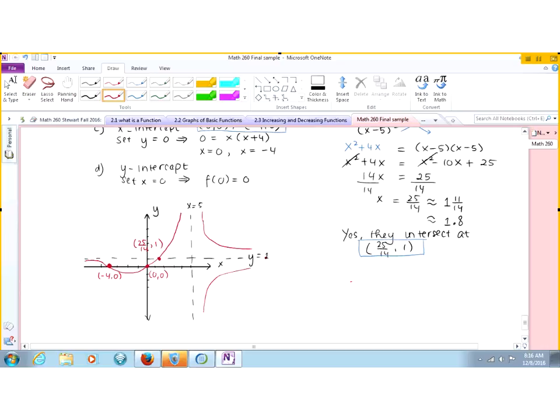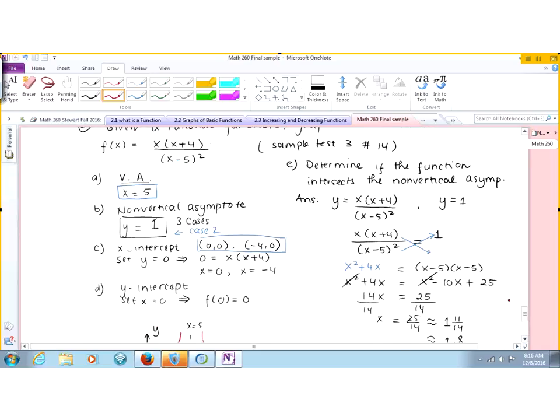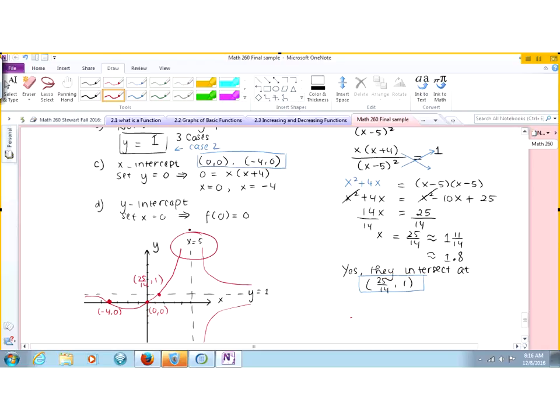The top or the bottom? Now, let's look at this: x minus 5 squared. So, odd or even? Even. The power is even. So, if it is even, then they both start at the same place.